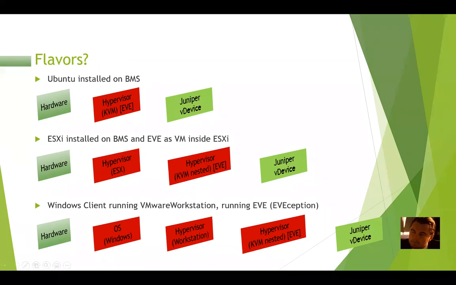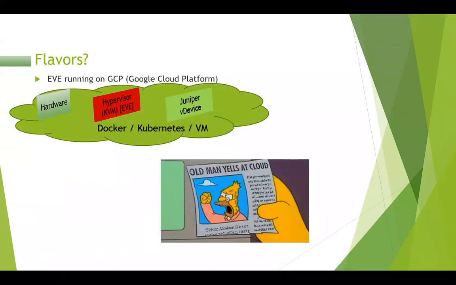And while the poll is running, like I mentioned, there is also the flavor that you cannot affect that much. That's the EVE running on cloud services. We assume that there is the EVE that can directly talk to the hardware, but usually there's also some, at least ESX, Proxmox, or whatever in between.